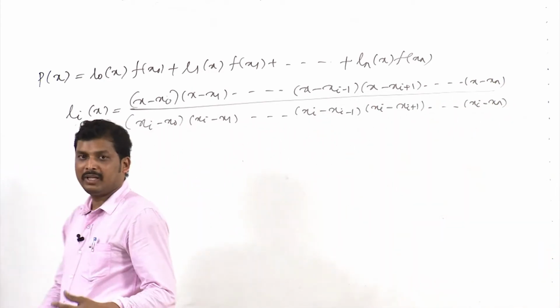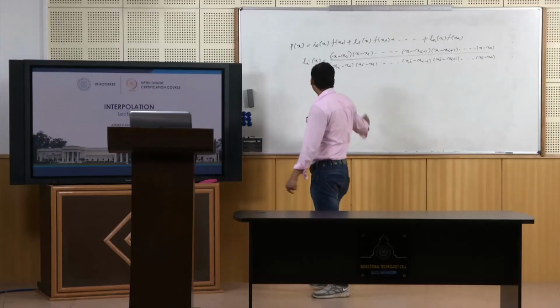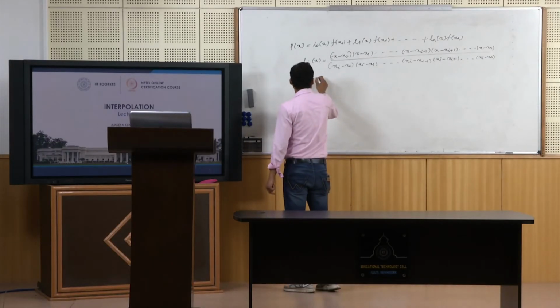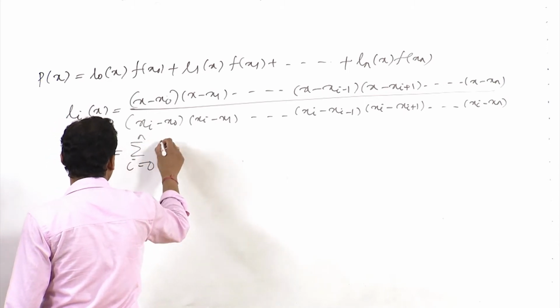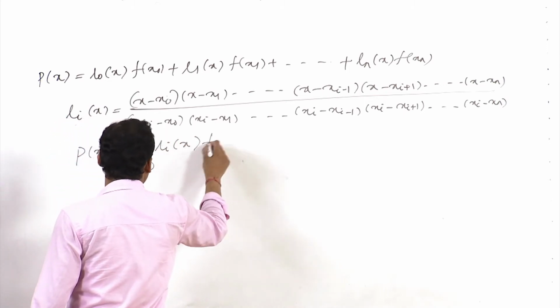And it can be written in a combined form, that is p of x equals summation of i equals 0 to n Lix f of xi here.